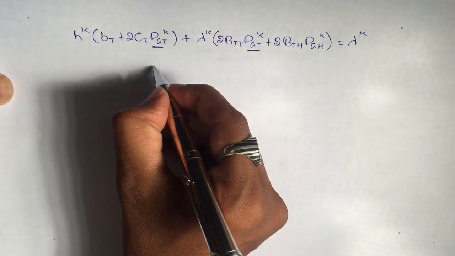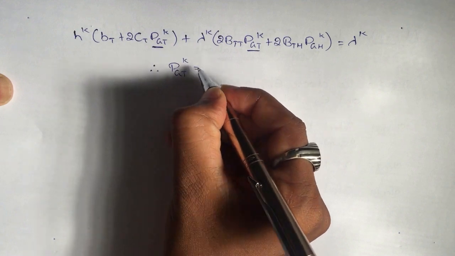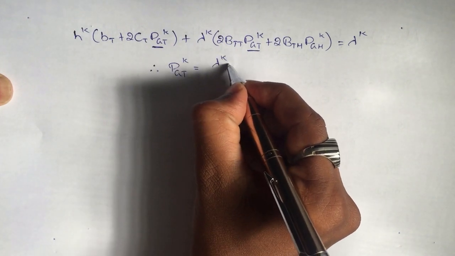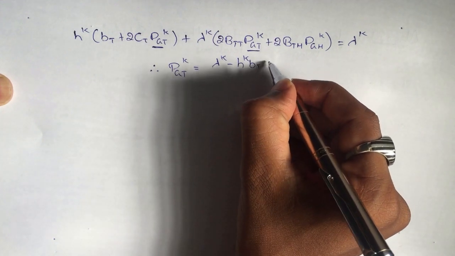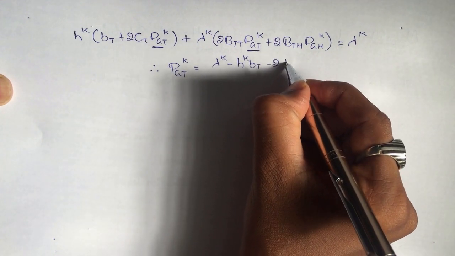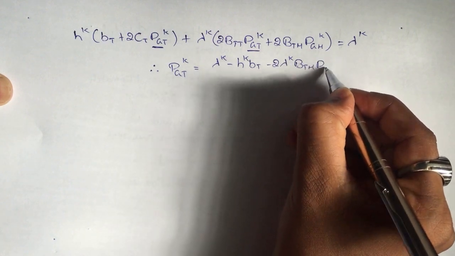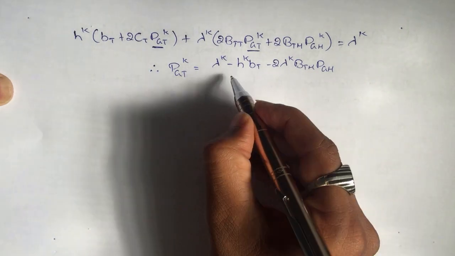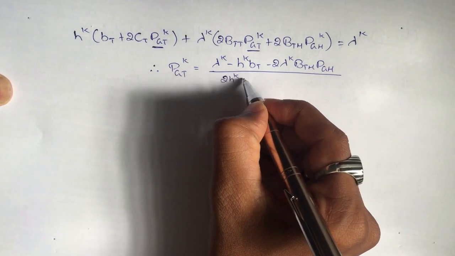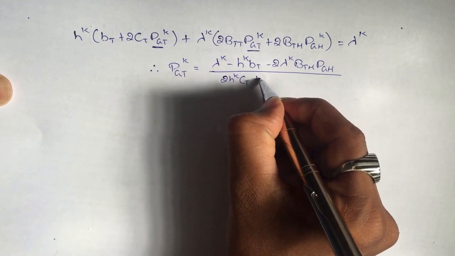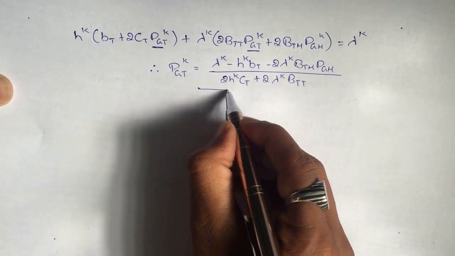On redefining, we'll get PGTK as lambda k minus HK BT minus 2 times lambda k BTH PGHK, whole divided by 2 times HK CT plus 2 times lambda k BTT.